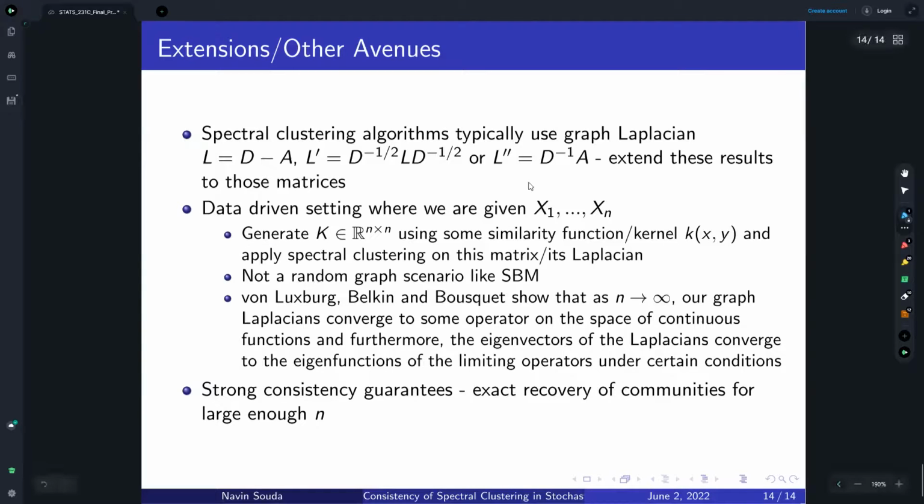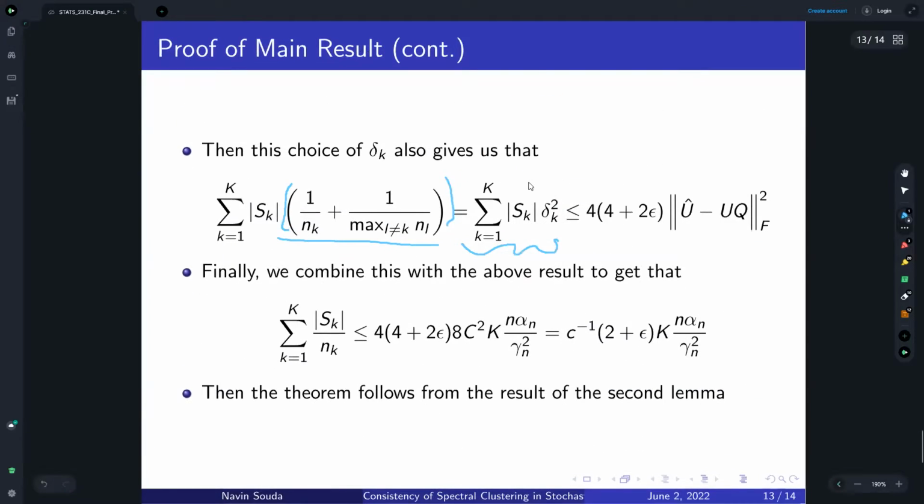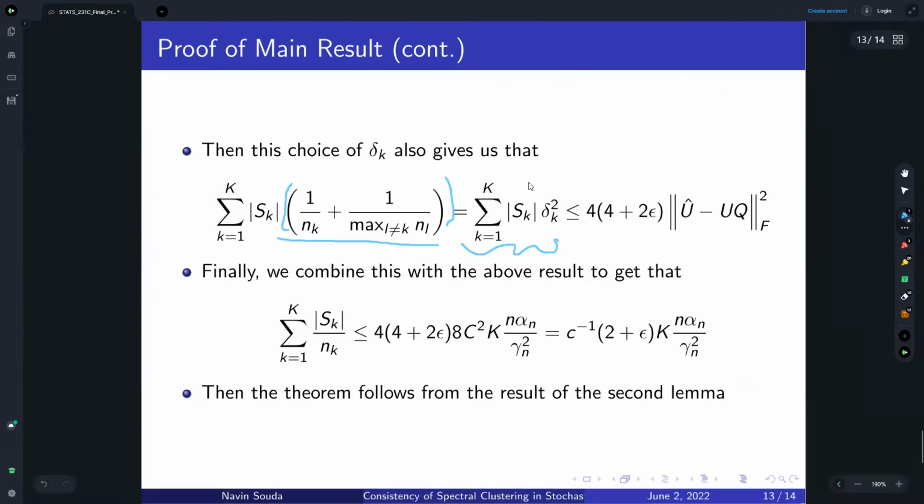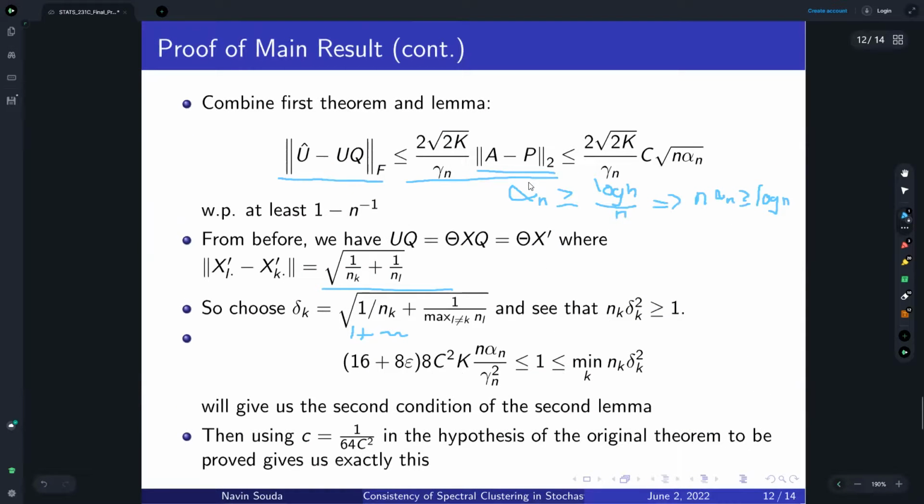I can ask a few questions. One thing about the consistency proof, can you go back to it? The thing about the concentration, like you said, can you go back to that proof?